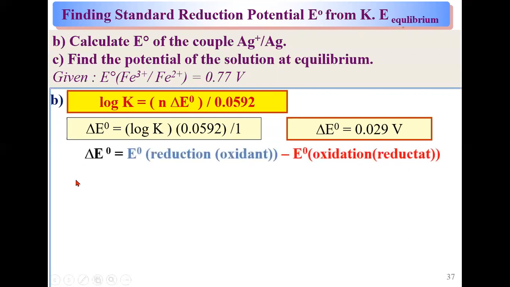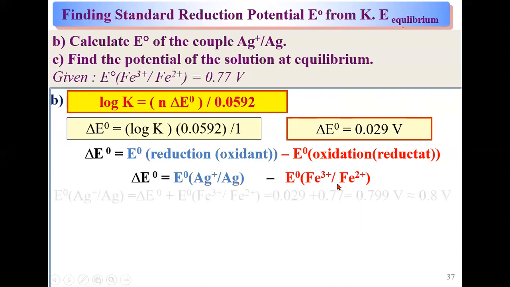Once you have the delta E naught, that's E naught of the reduction minus the E naught of the oxidation, and I prefer the reduction minus the oxidation. Delta E naught, because the reduction half has the strongest oxidizing agent, equals E naught of the Ag minus the E naught of the iron.